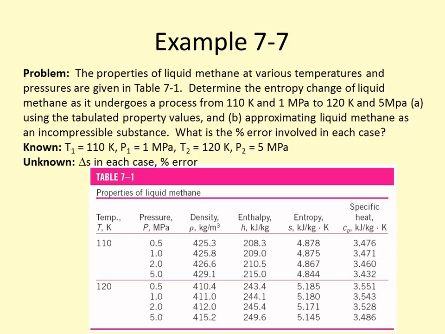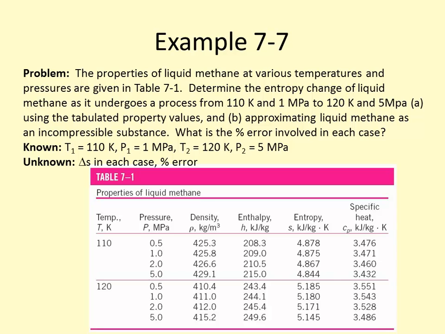And what's S2? 5.145. This is kilojoules per kilogram Kelvin. Are we given a mass in this problem? No. Okay, so delta S is just S2 minus S1, and we calculate that simply as 0.27 kilojoules per kilogram Kelvin.